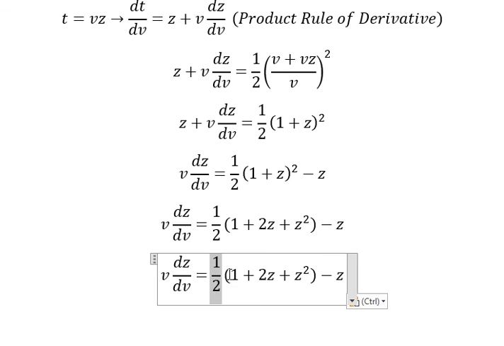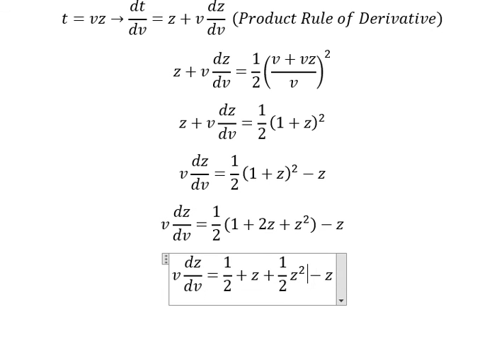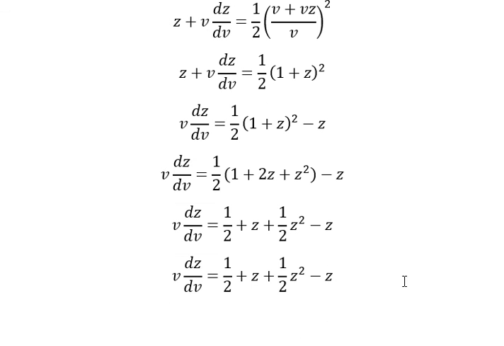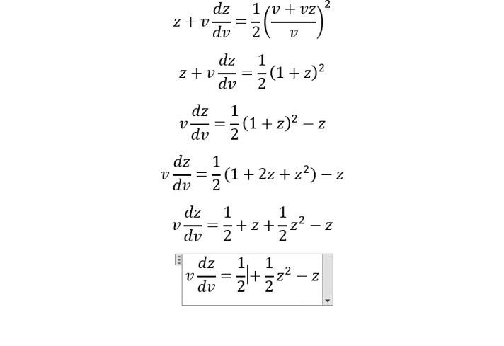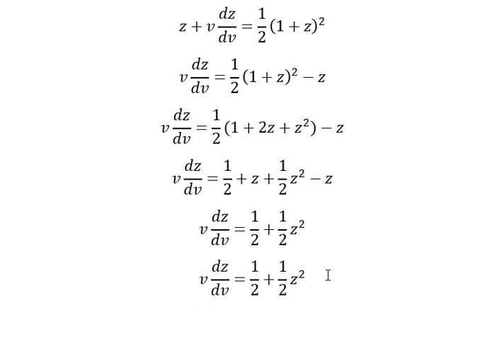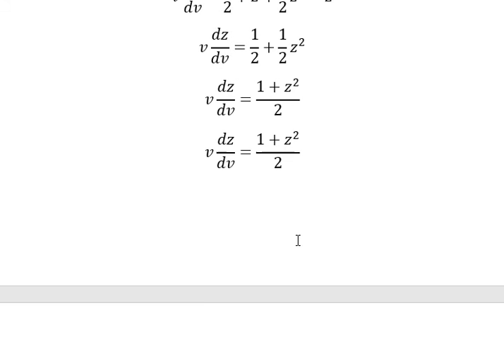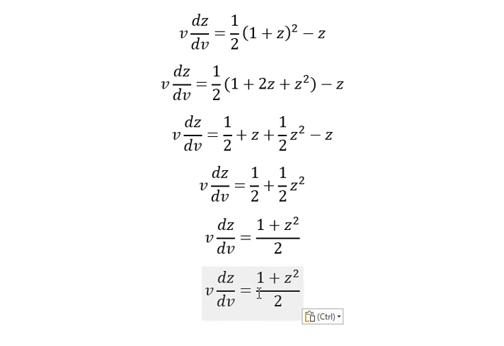So 1 over 2 multiplied by this one. So z minus z we cancel. This one we can put into 1 plus z squared over number 2. So dv and v we put on the right, 1 plus z squared we put on the left.